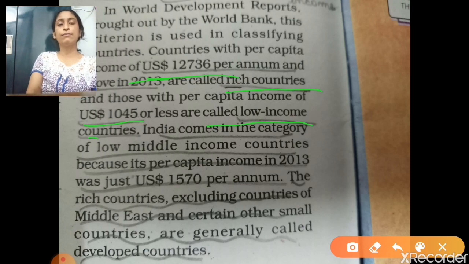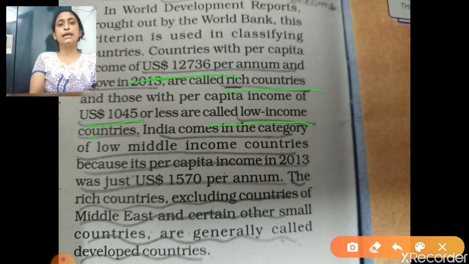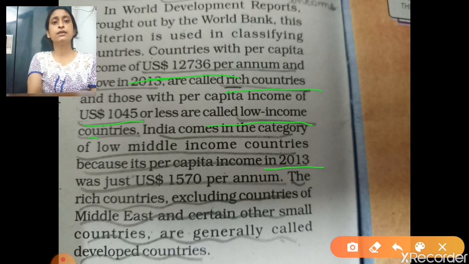So low income, high income countries, middle high income countries, various categories are there. We are talking of a few extremes here. India comes in the category of low middle income countries. Why? Because India's per capita income in the year 2013, you might have some newer figures, my book is an old one, so accordingly you will look at your books.